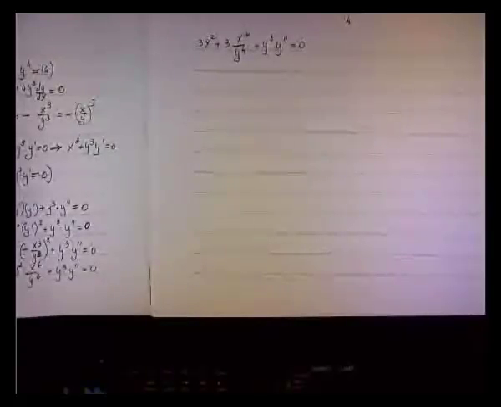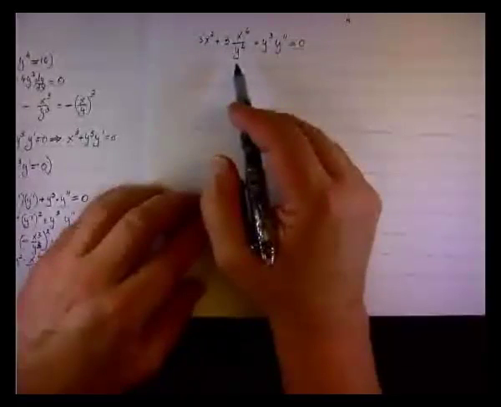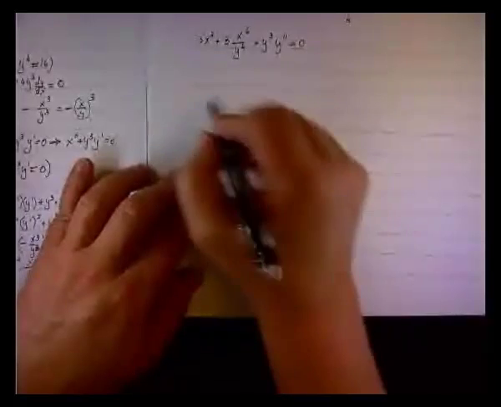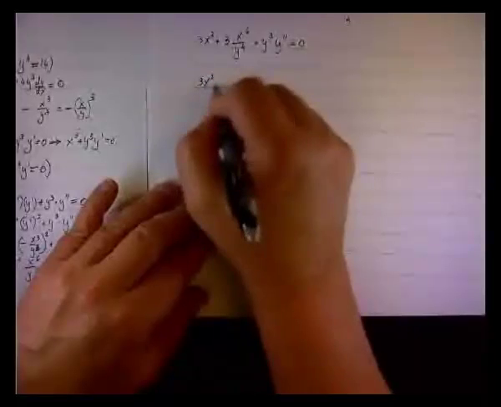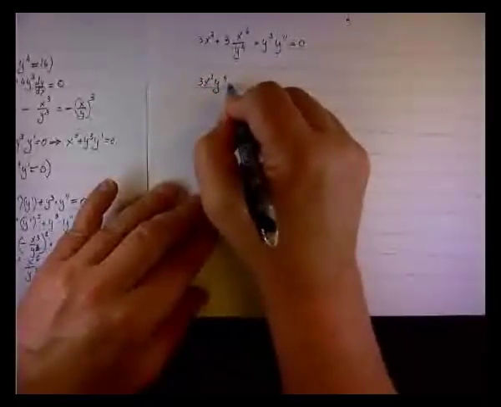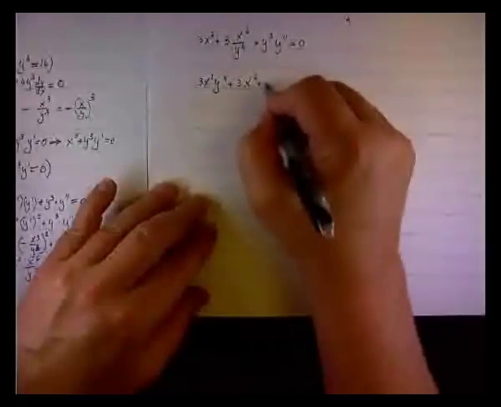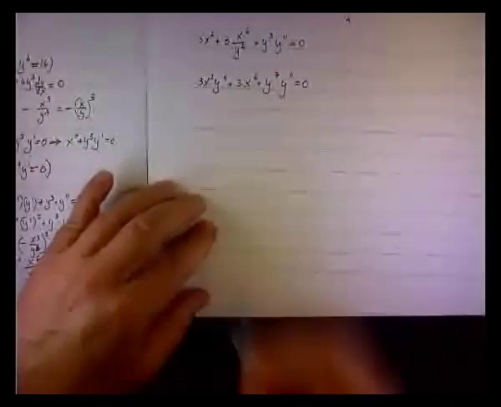I want to eliminate the denominator here, so I'm going to multiply everything by y to the 4th, so I don't have to deal with fractions. So I have 3x squared times y to the 4th plus 3x to the 6th plus y to the 7th y double prime equals 0.